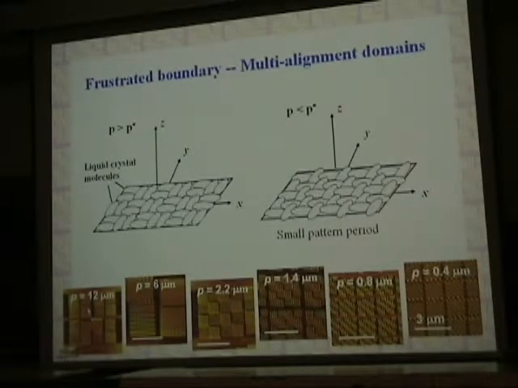Because nematic liquid crystals possess macroscopic orientational ordering, they tend to align with the local grooves. However, with the grooves alternating between the x and the y direction, the liquid crystal would have to adopt a configuration like those you see here, which are wiggling.